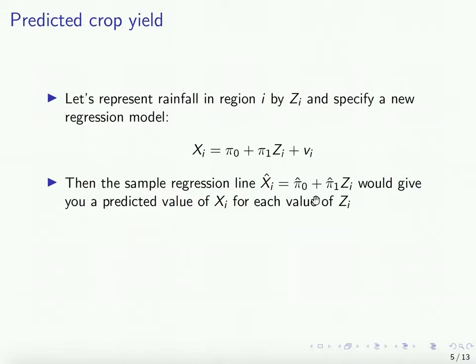This is absolutely not new to you, except that now we call them x and z, to keep track of the fact that our independent variable of interest, crop yield, is now x, and z is now the rainfall. Later on, we're going to call that our instrument. But again, here I'm capturing the effect of rainfall on crop yields. Once I estimate this, I can then predict xi.